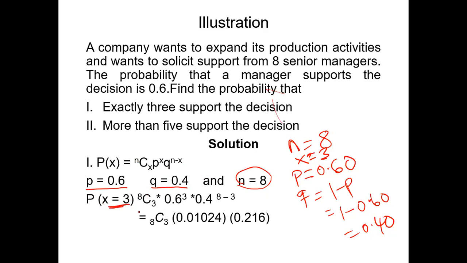So n combination X, we have 8 combination 3 multiplied by probability of success, which is 0.6, raised to the power X, where X is 3 already, we've established that. Then we have 0.4, the probability of failure, that's Q, raised to the power n minus X, that is 8 minus 3, right? Okay.